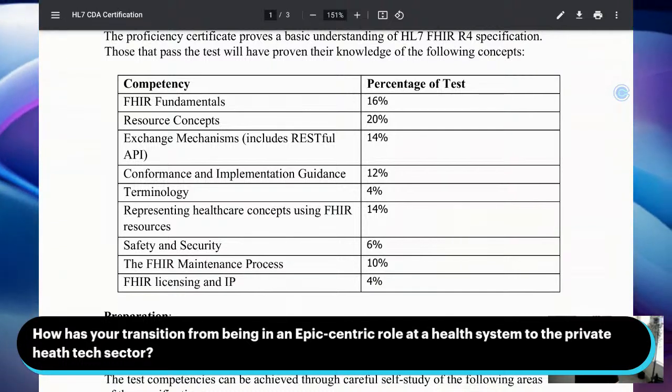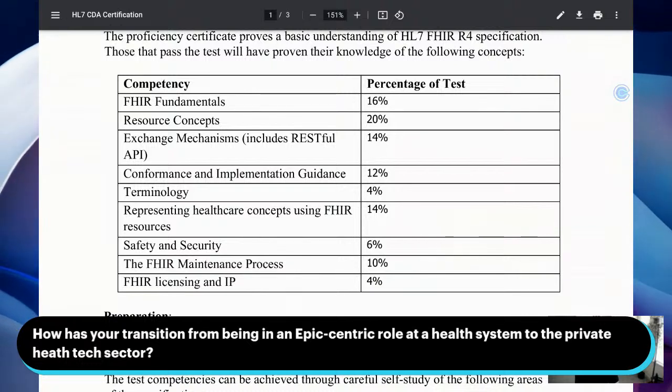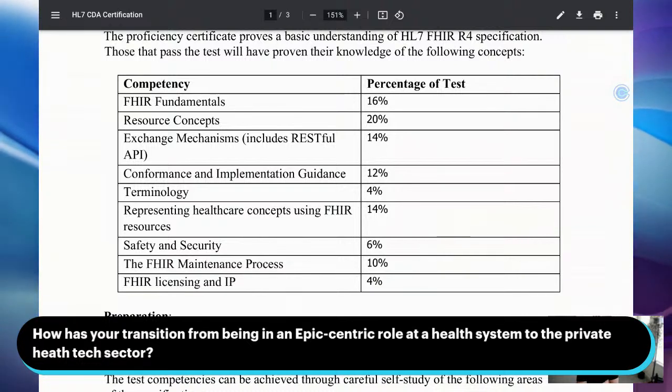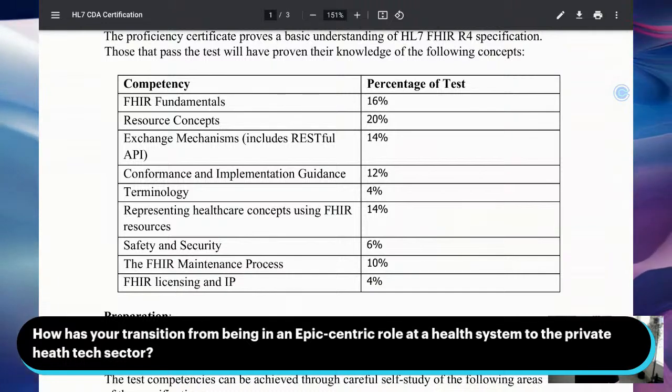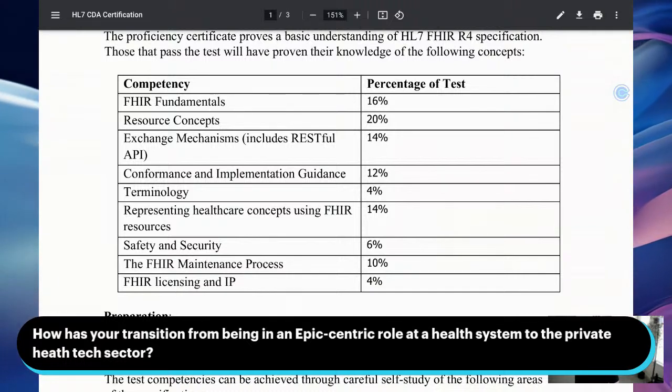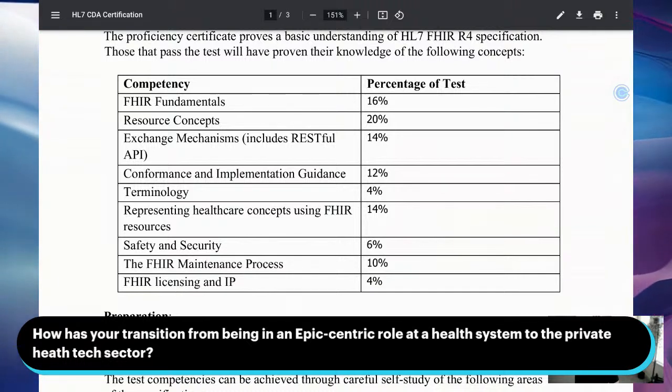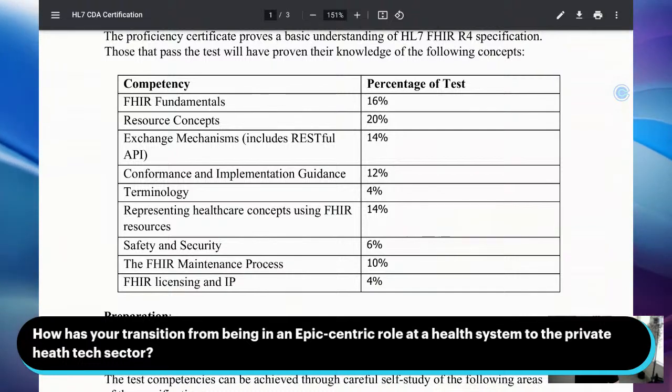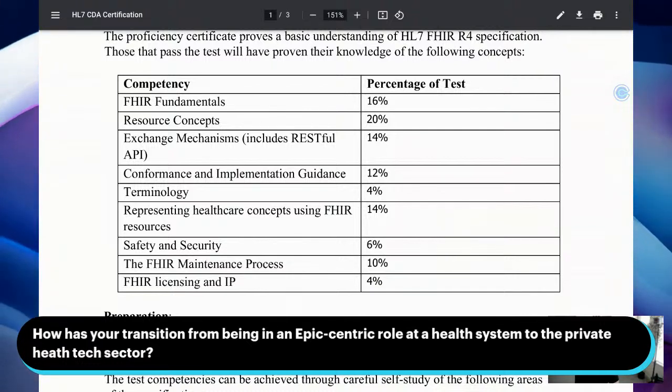So in no specific order, I can make a couple of comments. I think the first comment is that it's been very... Let me start with the negatives first.